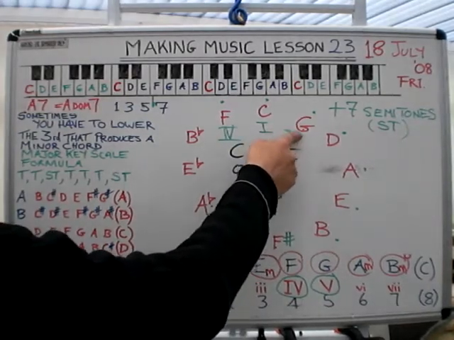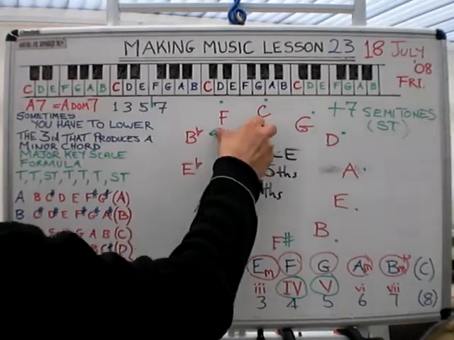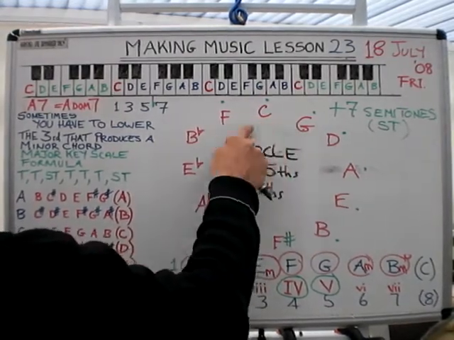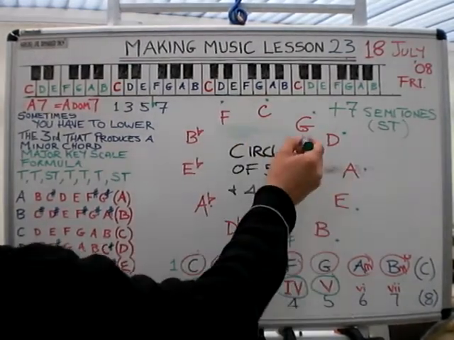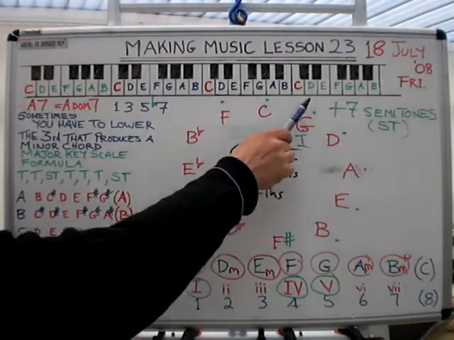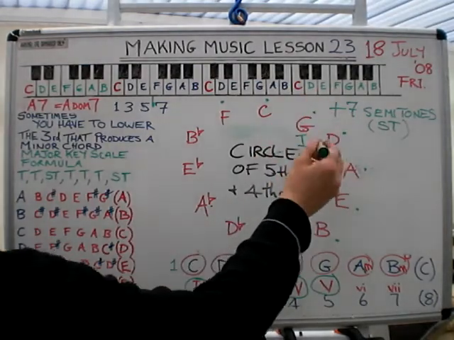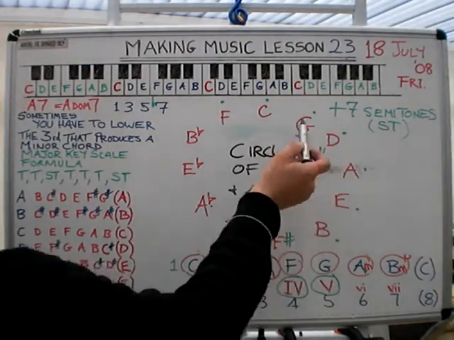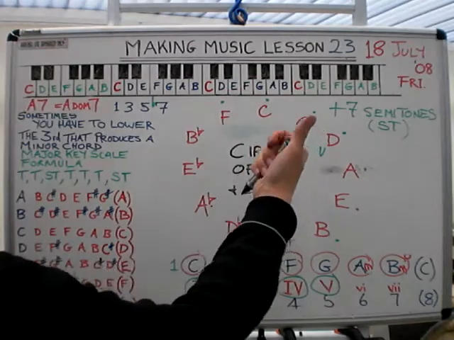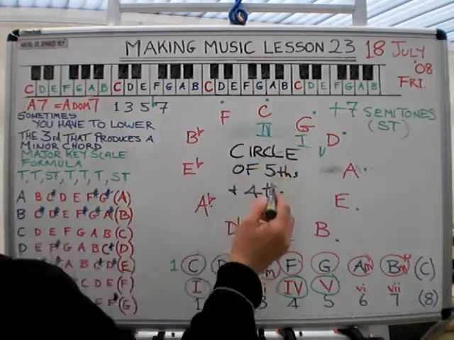Okay, now let's go to the G again. Scale of G, position 1, clockwise, 5: G, A, B, C, D, and anti-clockwise, G, A, B, C, 4.